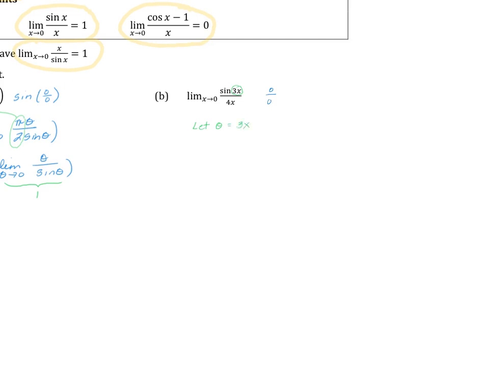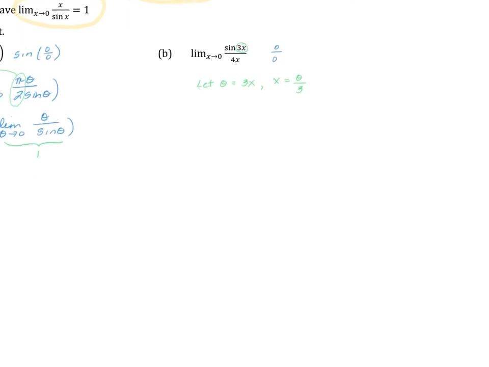Notice that if theta is equal to 3x, if I solve for x, I get x is equal to theta over 3. So my goal with this substitution is to replace everything that has an x in it with theta, including that limit. Everything has to be in terms of theta.